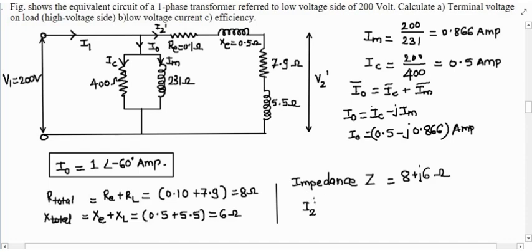My I2 dash is nothing but the voltage applied across this point and this point, which is 200 volt, divided by the series impedance of this total branch. This total branch carries your current I2 dash. So I can write this as 200 at an angle of 0 degree, because my voltage is always the reference.